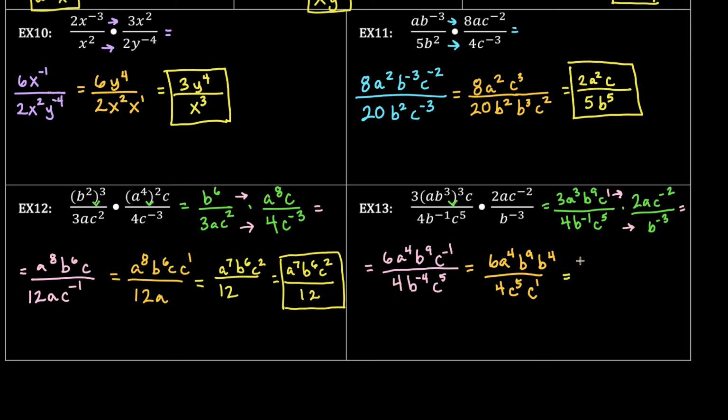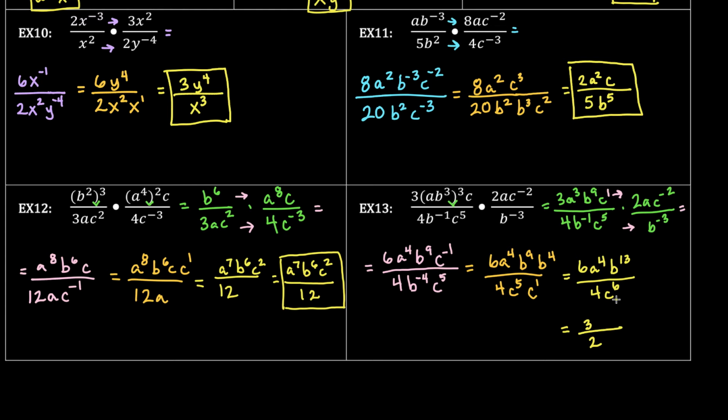And I end with 6a to the 4th, b to the 13th, over 4 c to the 6th. Oh, cool. Okay. And then divided by 2: 6 divided by 2 is 3, 4 divided by 2 is 2.